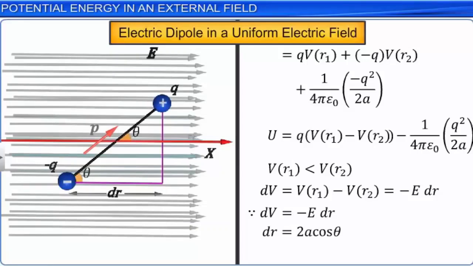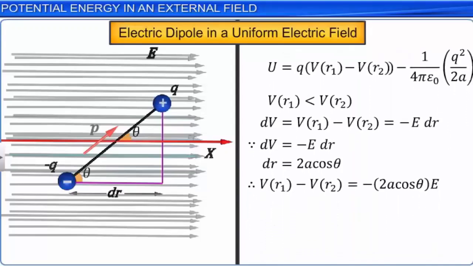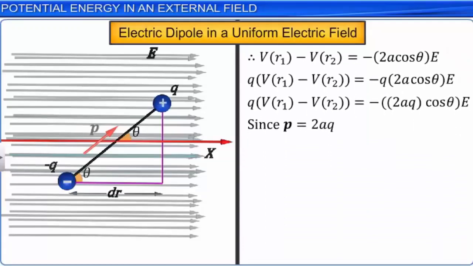Therefore, V of R1 minus V of R2 will be equal to minus 2a cos theta into E. Multiplying both sides with Q, we get Q into V of R1 minus V of R2 equal to minus Q into 2a cos theta into E. Hence, Q into V of R1 minus V of R2 can be written as minus 2aq cos theta into E. And since dipole moment P equal to 2aq, this can be written as minus PE cos theta.